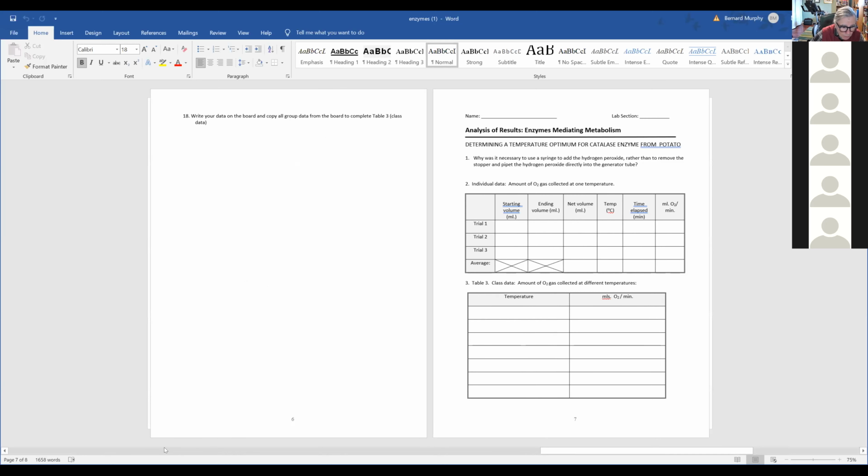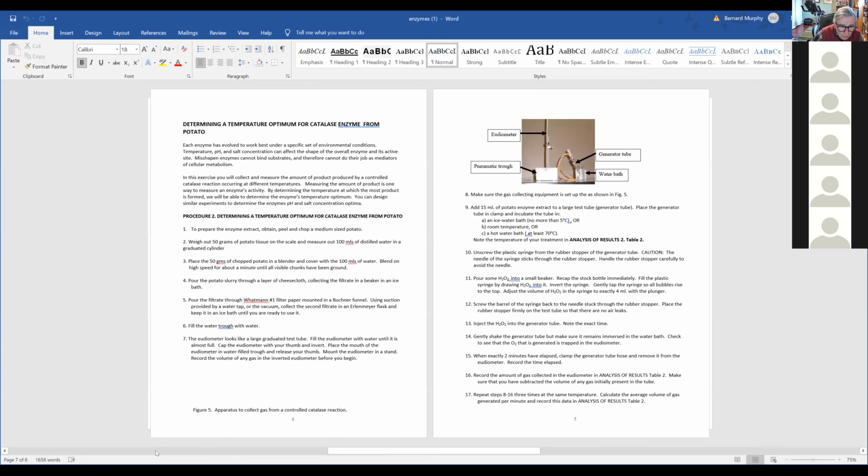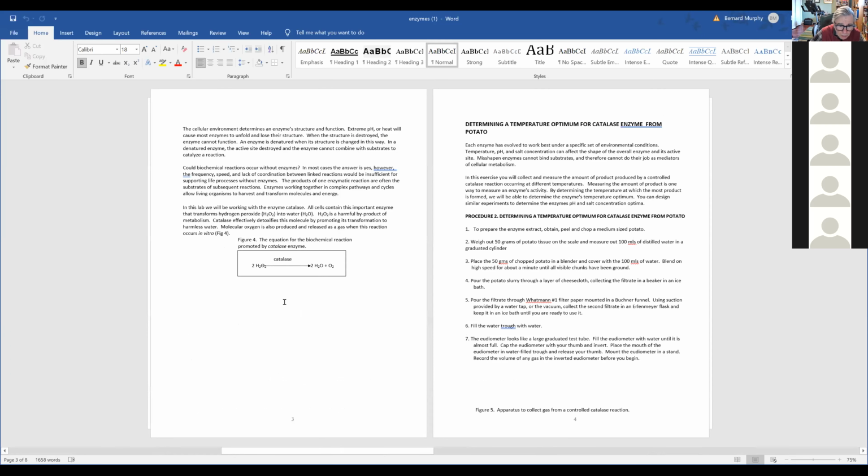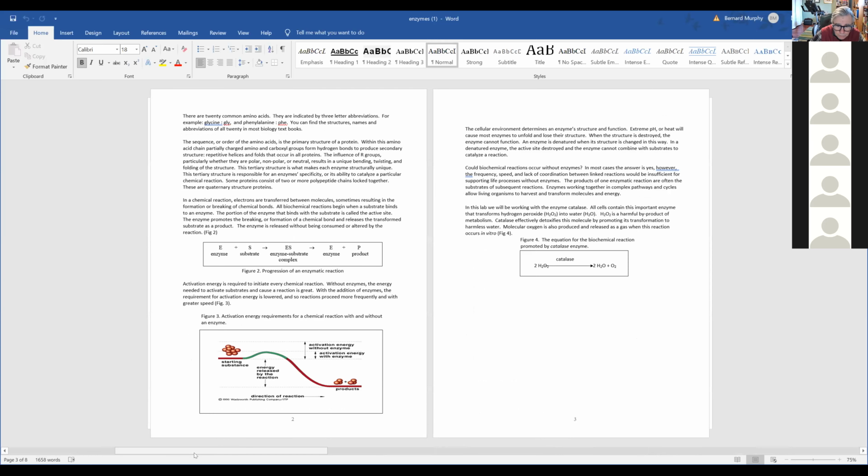Let's go back. Here's what you got to do right here on this page here. So what's the enzyme name? Tells you right there. Catalase. Okay.